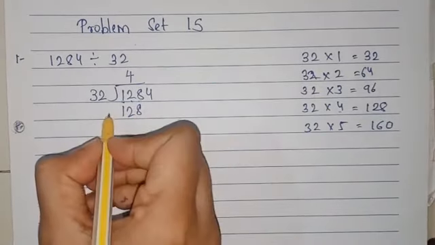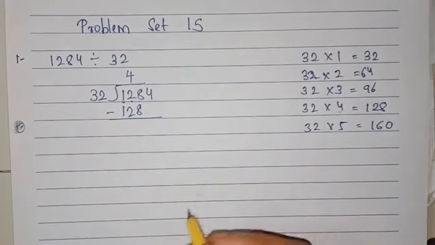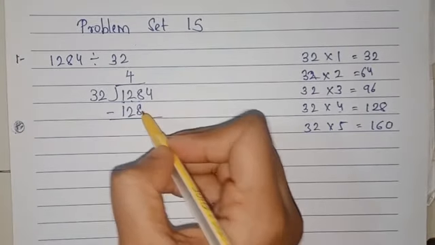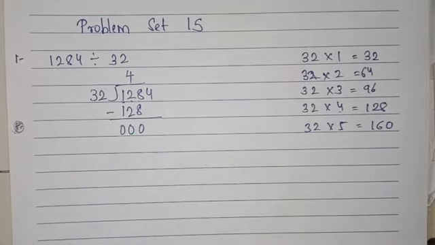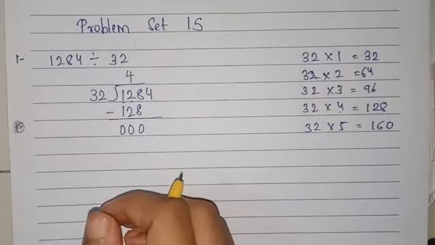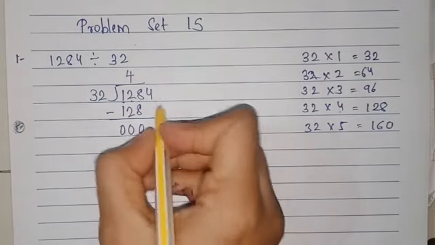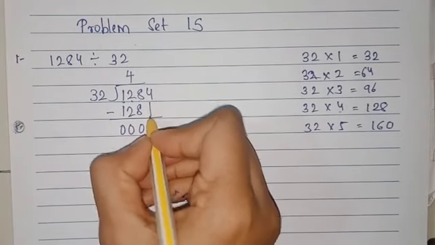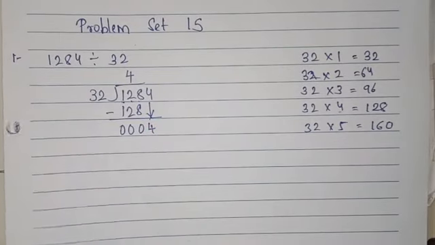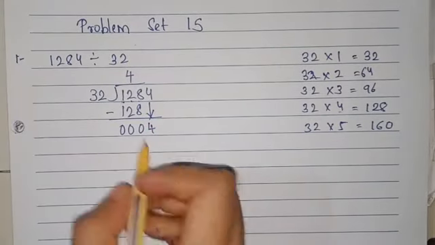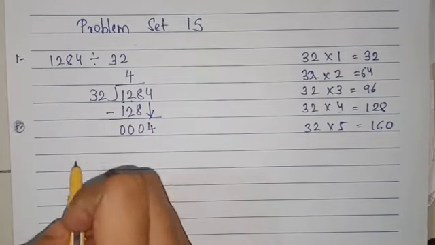Now subtract them. So 8 minus 8 is 0, 2 minus 2 is 0 and 1 minus 1 is 0. Got it? Now I will take this 4 down. Now 4 is smaller than 32, right?